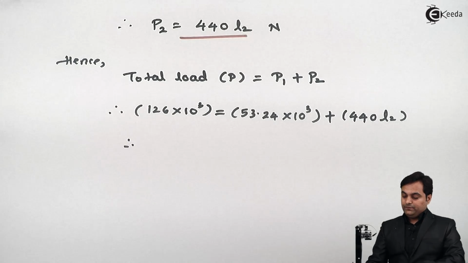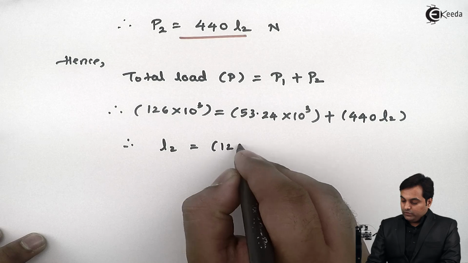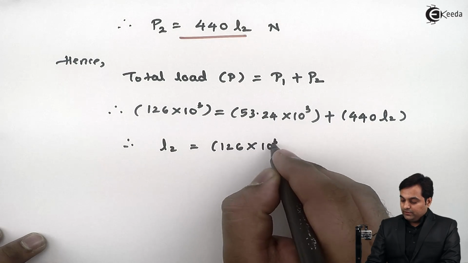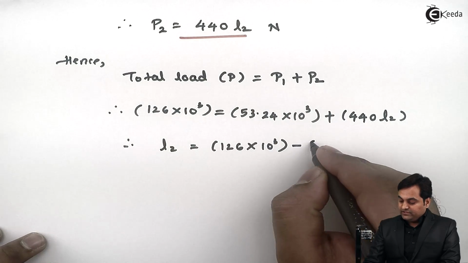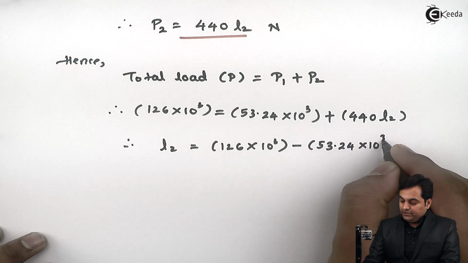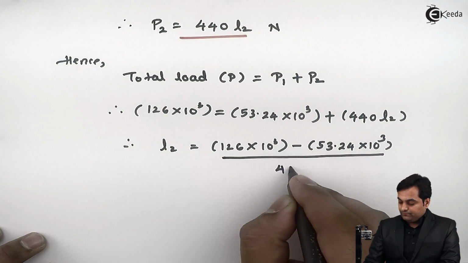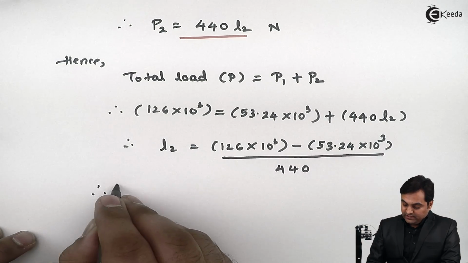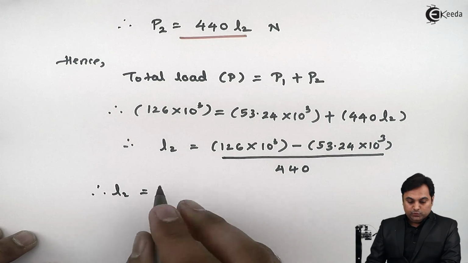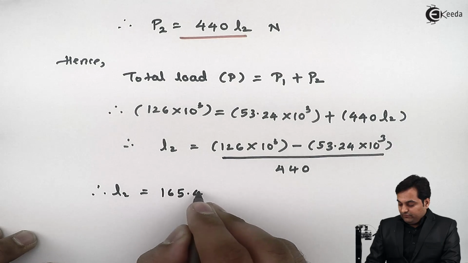If I simplify this, L2 will be equal to 126 into 10 raised to 3 minus 53.24 into 10 raised to 3, divided by 440. From this I get the answer of L2, which is 165.4 mm.